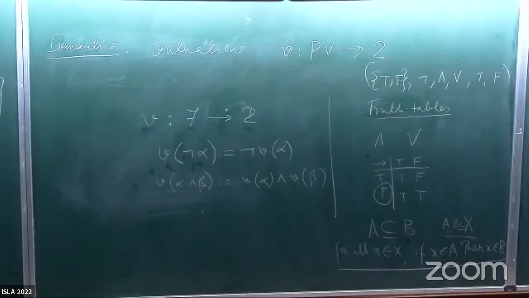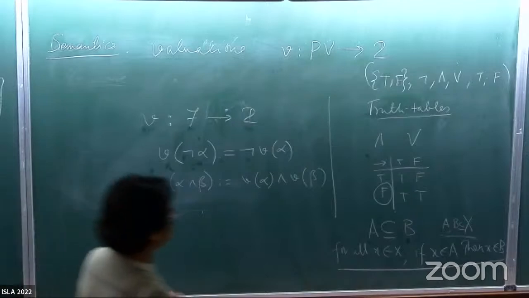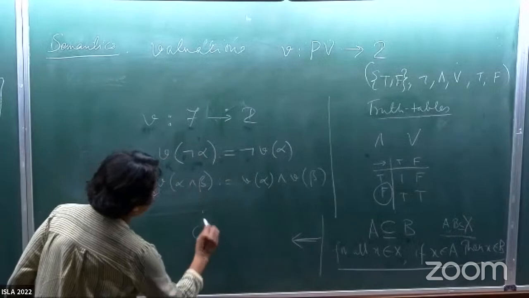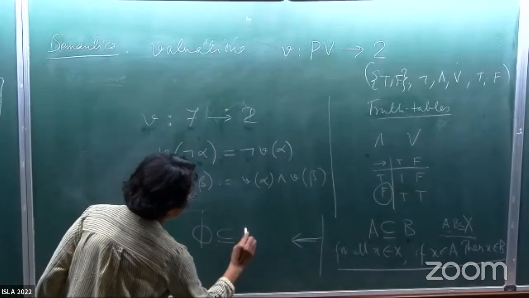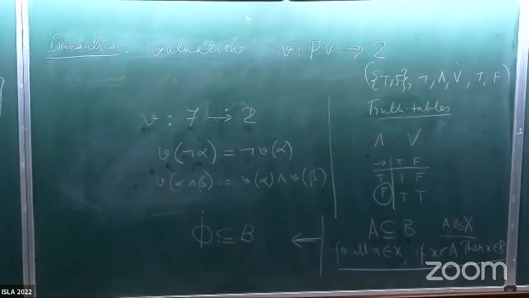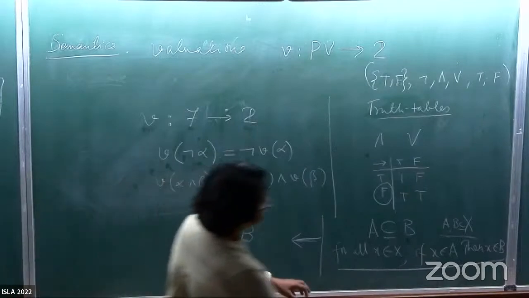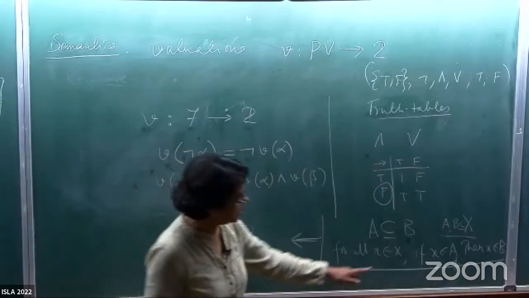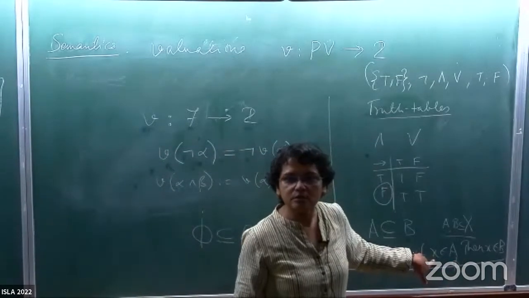Now, given this definition, one of the basic things that we always learn is that the null set is included in any set, right? That is an example of precisely that row of the truth table. Why? Just plug this in here, right? This becomes false.